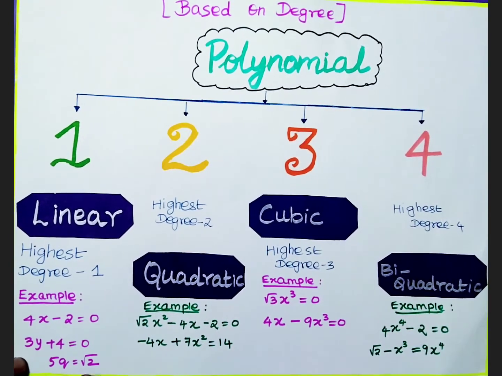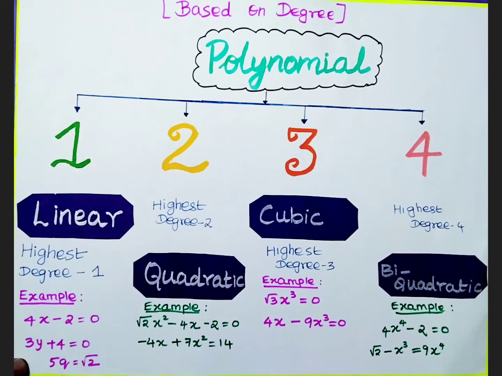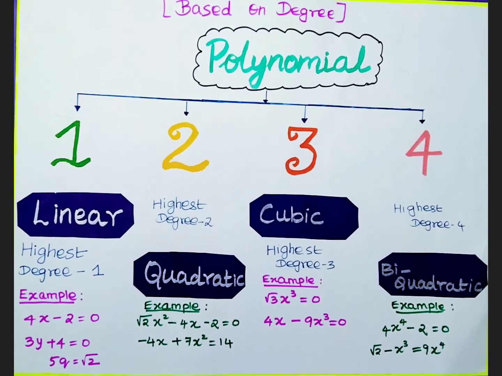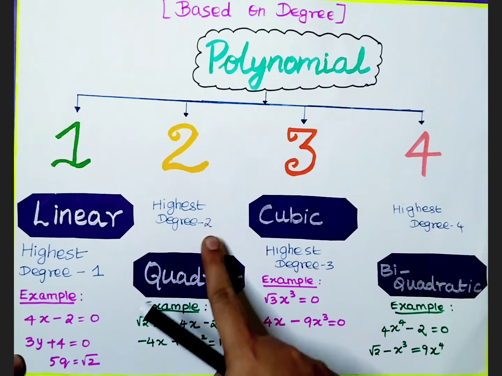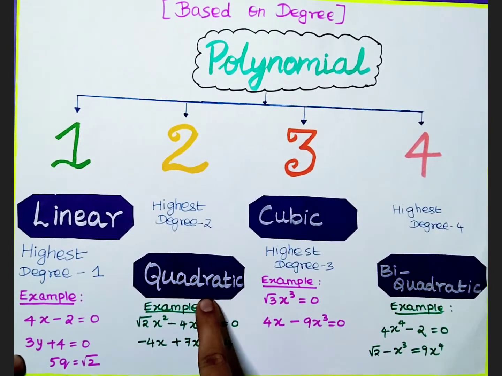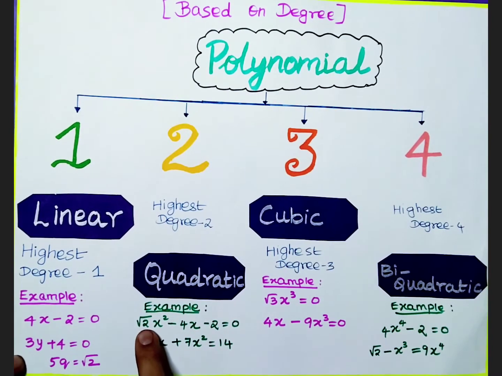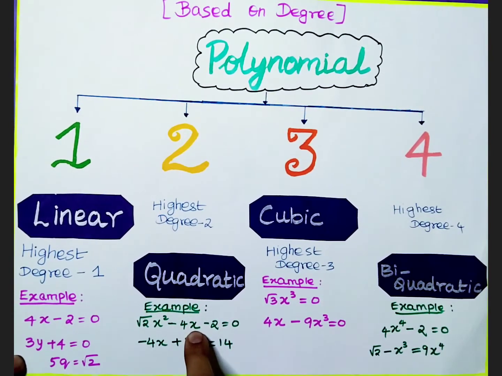5q equal to root 2. We have only q as a variable and degree is 1. The highest degree of this polynomial is 1. So we name it as linear polynomial. Then if the highest degree is 2, we name it as quadratic polynomial. Okay, so in this example, root 2x square minus 4x minus 2 equal to 0, we have x square and x.